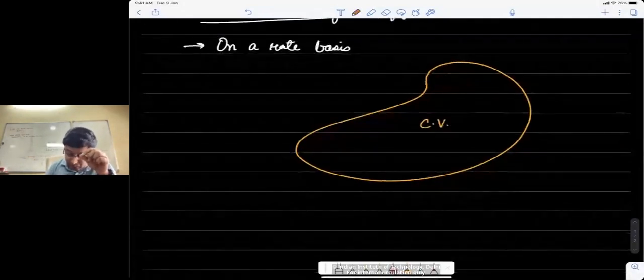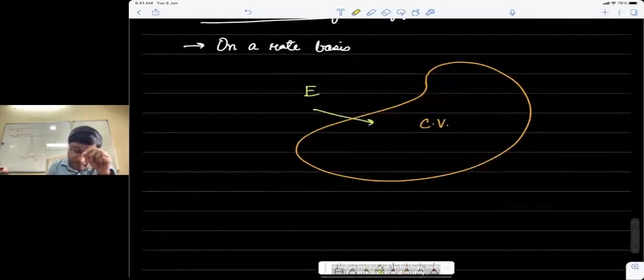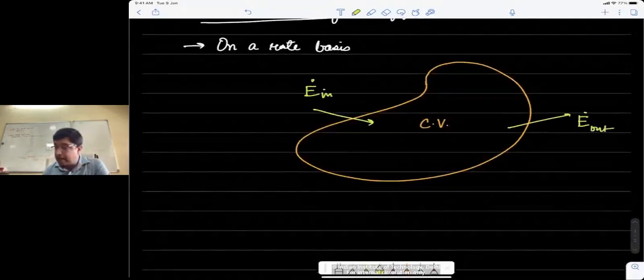In this control volume we will typically have some rate at which energy comes in. We may have some rate at which energy goes out. And now remember one thing: when we talk about the control volume approach, we always have the control volume, but we also have an associated control surface, because this is a closed control volume.